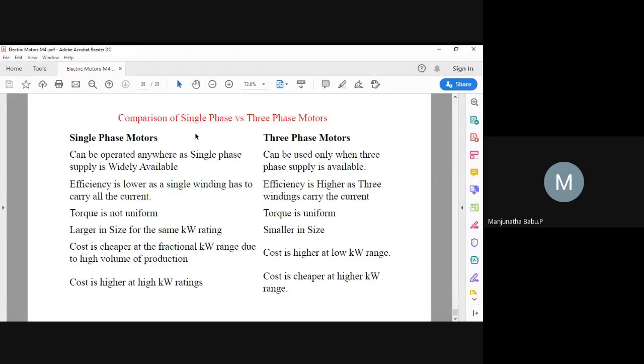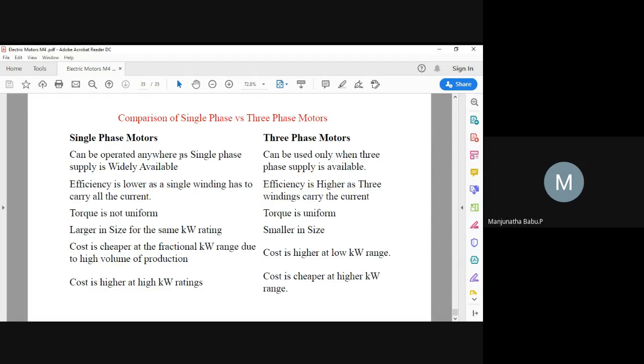Only in industrial applications do we go for a three-phase supply, meaning three-phase induction motors. These are some of the points when we compare single phase and three-phase motors. Single phase motors are widely used for smaller applications, whereas a three-phase induction motor can be used only where a three-phase supply is available, mostly from the industry point of view, while single phase is for domestic purposes.